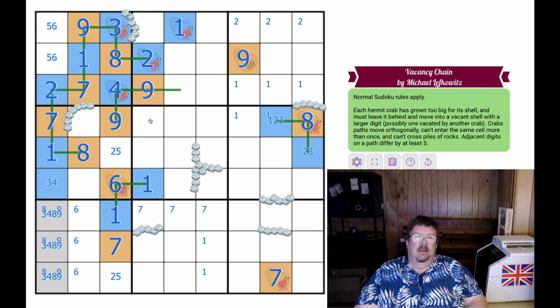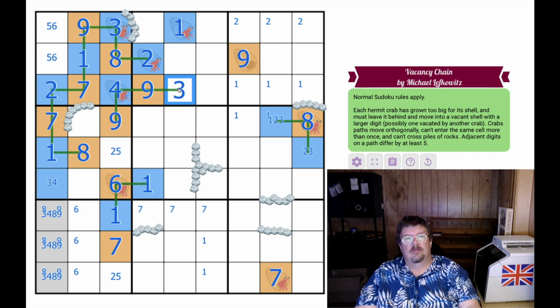Yes, it can't go straight down because this digit would have no fill, and it can't go down and left because this digit would have to be a 6 with 1 either side, which it can't do. All right, so that is now a 3.